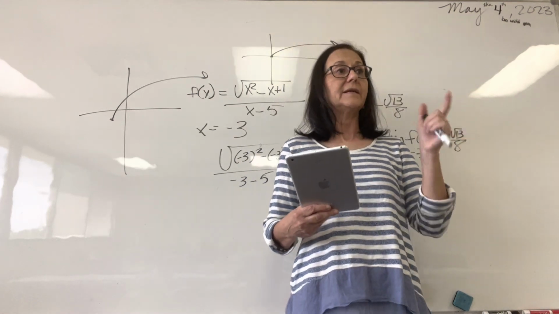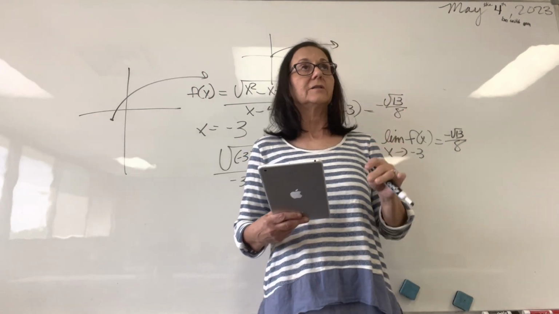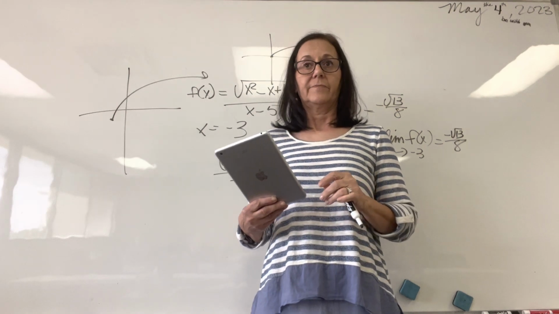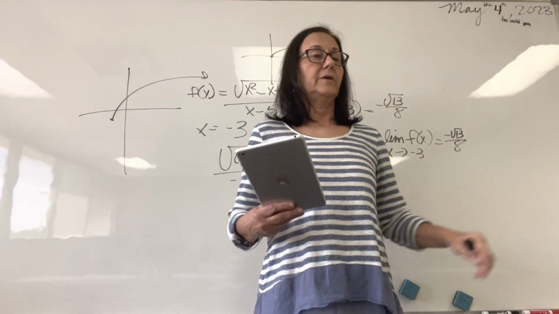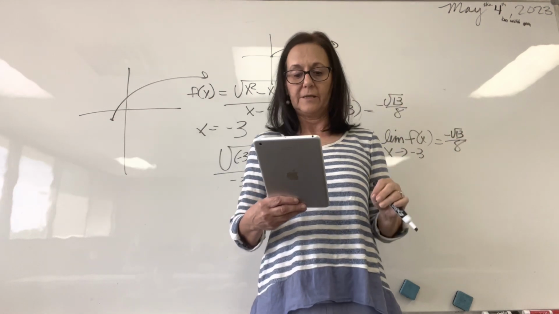Every polynomial is continuous. The sine curve is continuous. The tangent curve is not continuous. The cosine curve is continuous. Any cubed equation is continuous. All square roots, all lines, they're all continuous.